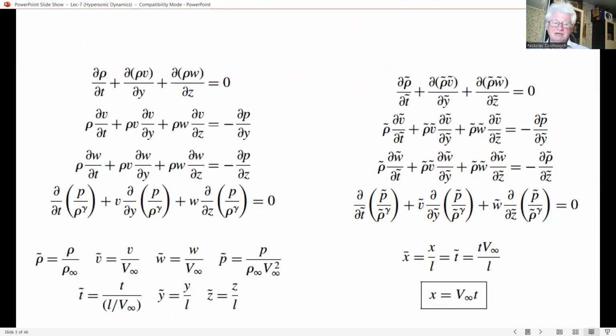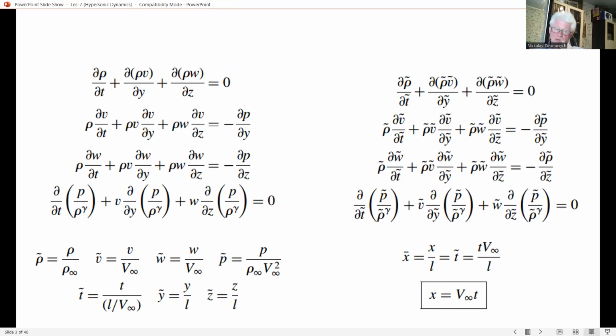Let's return to the Euler equations given in our last lecture, namely equations 1 to 6. Let us write these equations for an unsteady two-dimensional flow in the YZ plane.